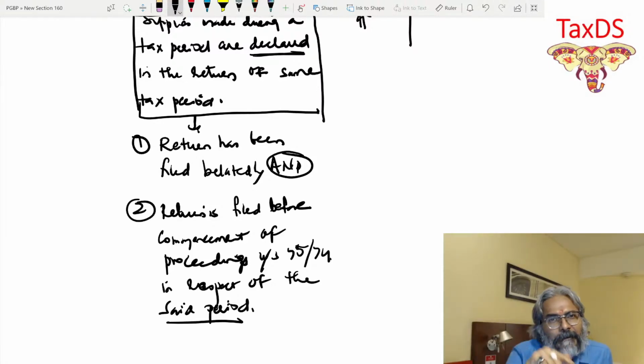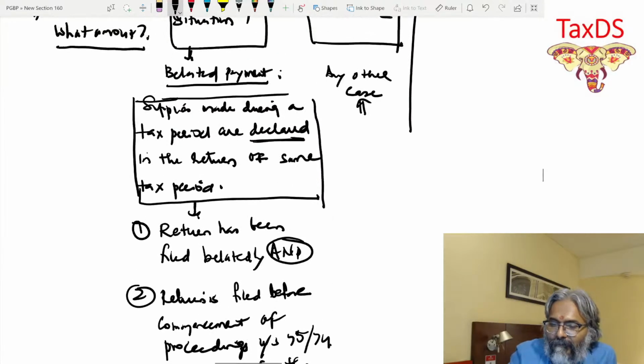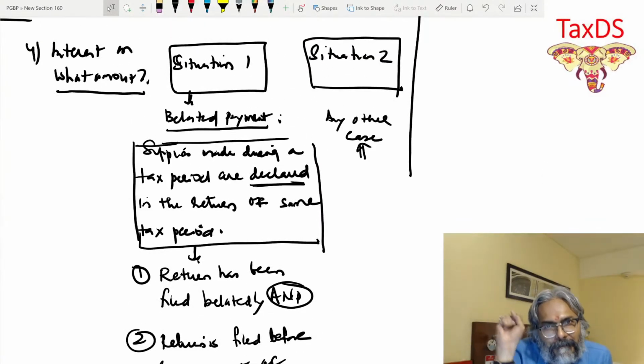The department has given me the notice. And if the department has now given me the notice, students, my case will now go to situation number 2.